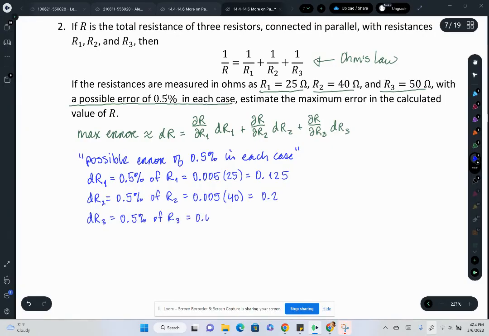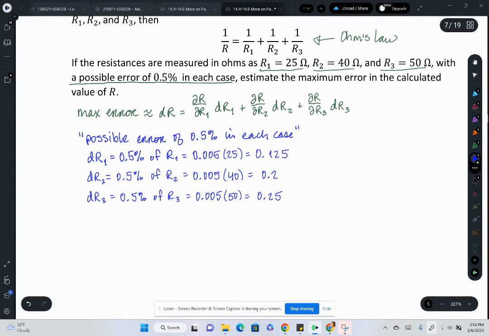And we write that out as 0.005 times the R3 measurement, which was 50. And we work that out to be 0.25. Okay, so I have my differentials. Now I need my first partial derivatives. So del R, del R1, del R, del R2, del R, del R3. Looks painful, but I think we can do it. So let's first deal with del R, del R1.